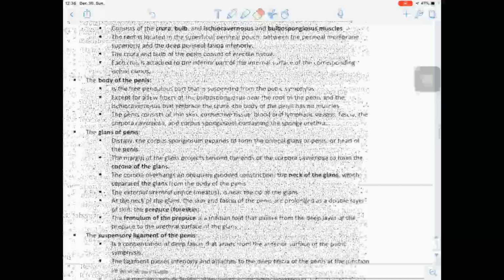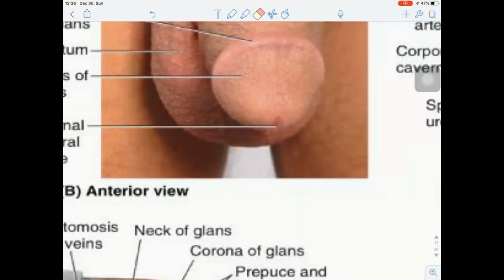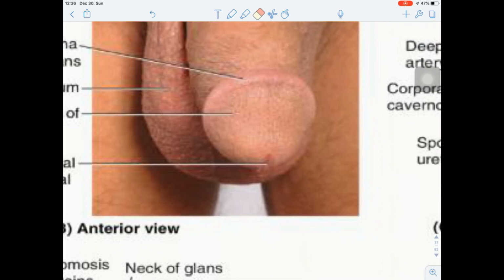So once you're looking at the glans of the penis, at the tip you have the external urethral orifice. At the margins there is the marginal part of the glans, which is called the corona of the glans, located over the corpus cavernosum on each side.